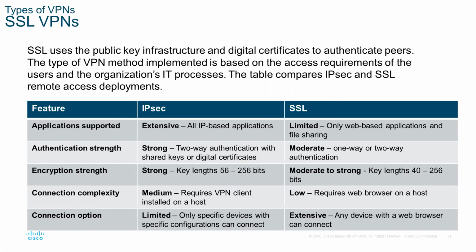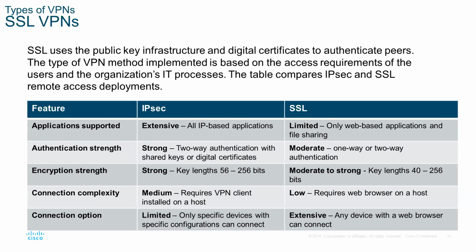SSL is limited to only web-based applications and file sharing. It also has moderate authentication strength, as it can be one-way or two-way. It has weaker key lengths, so it's classed as moderate to strong because it starts as low as 40 bits in its key strength and goes up to 256.